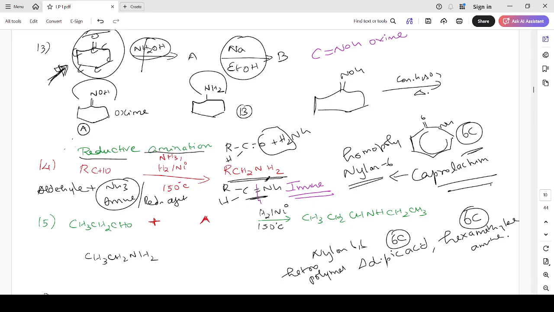So this upon reduction, I'm using hydrogen in the presence of nickel. So what will you get? I'll just break the bond and add two hydrogens on both sides.